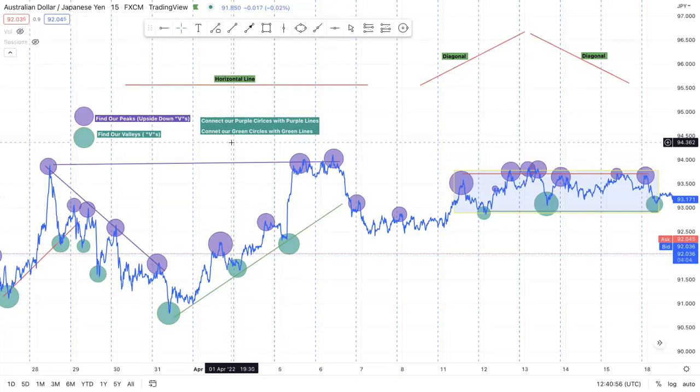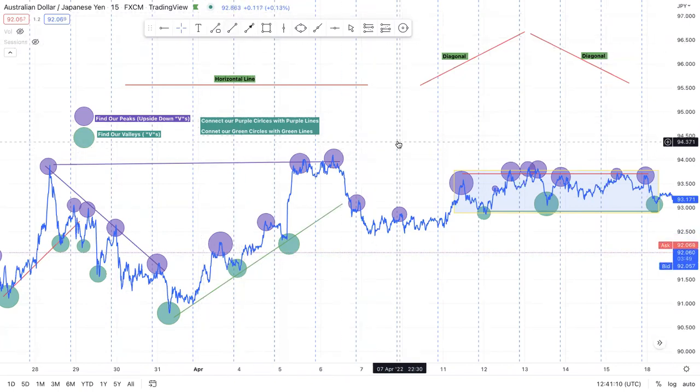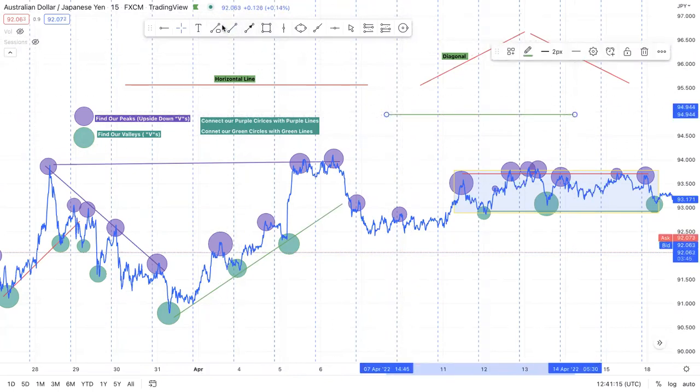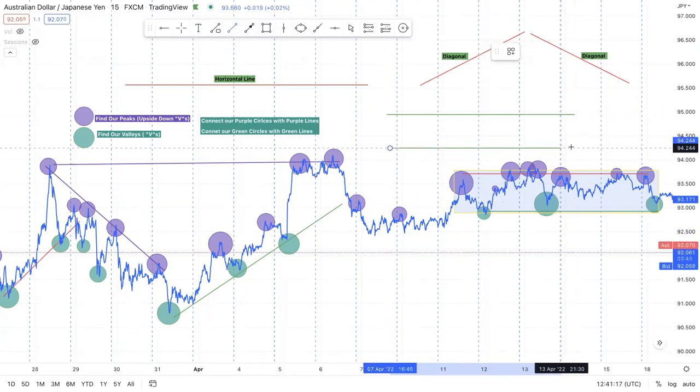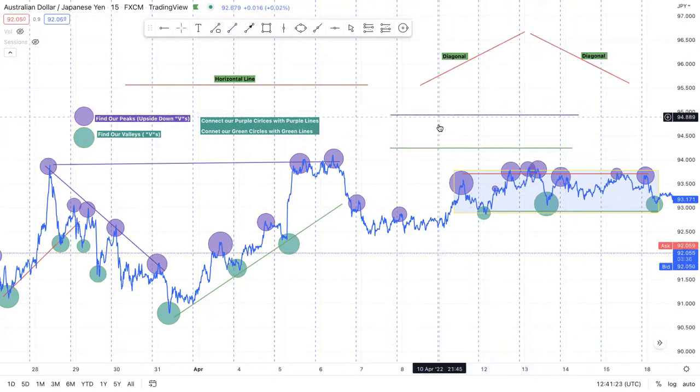And then if you find anywhere where you got a purple line and a green line, both going horizontal, does anybody remember the term for when you have two lines that run like this? They don't connect. You might remember this from math class.